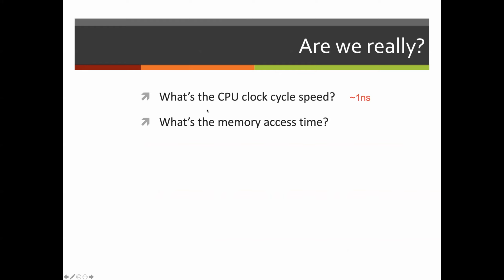Typically, what's the CPU clock cycle speed? It's going to be 1 nanosecond. So what's the memory access time? 100 nanoseconds. So that's roughly a ratio representative of 100 to 1.